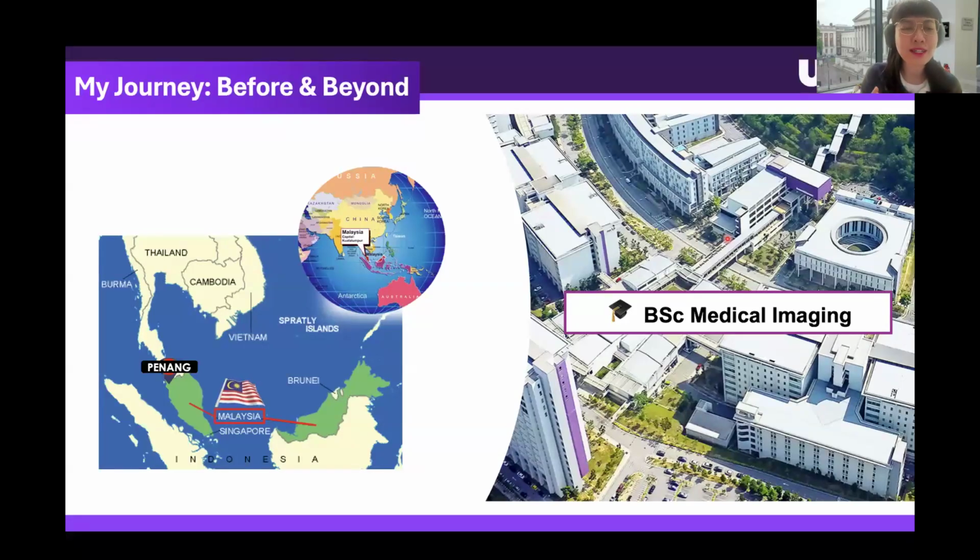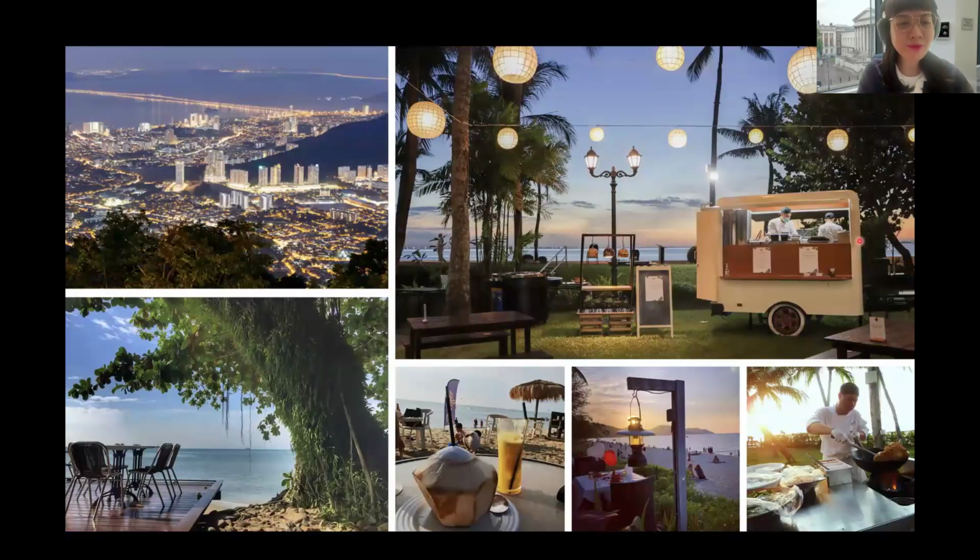But when I studied medical imaging, I started to realize that imaging is a very special kind of language, a way of translating the hidden part of the body into something we can see, interpret, and understand. This is something that I learned further in my MSc.